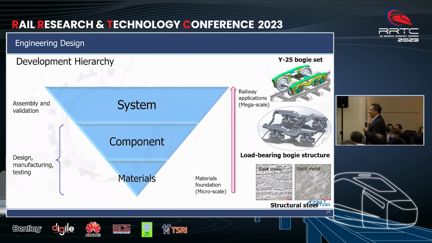Because my background is materials engineering, we would like to start from the material perspective, then step up to the component, and finally obtain the successful system. With the material, we start with the material foundation at micro scale and move upward to mega scale, I mean the railway application.